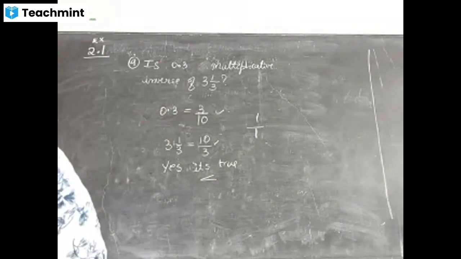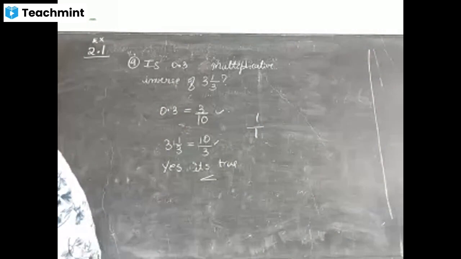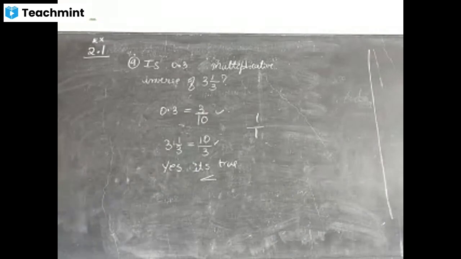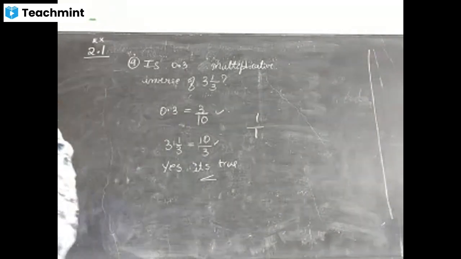Third question, the rational number that is equal to its negative. Which number? The given number and the negative number must be equal. That is 0 only.